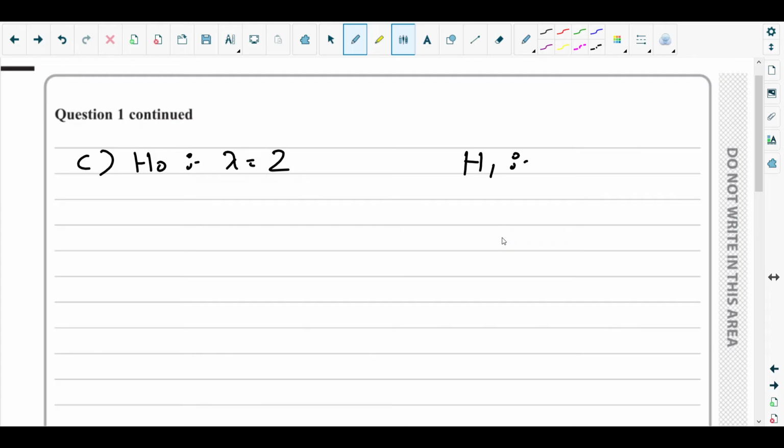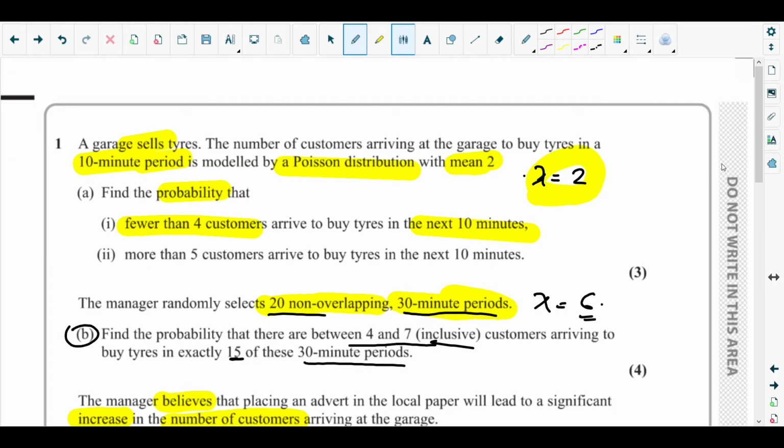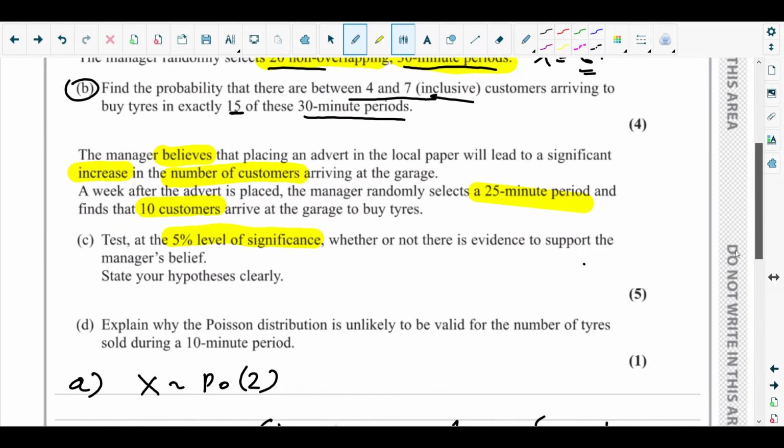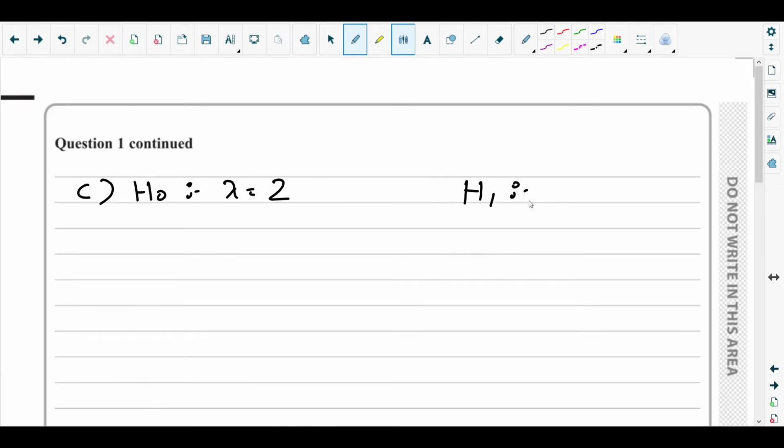In that case, they want to see whether it is increasing or not, right? I marked it here in the question. Since they want to see whether it is increasing, it will be lambda greater than 2.